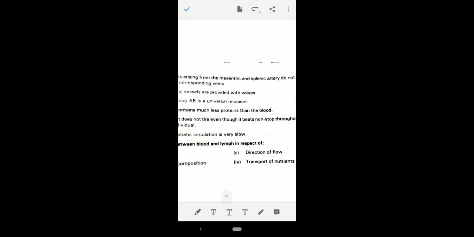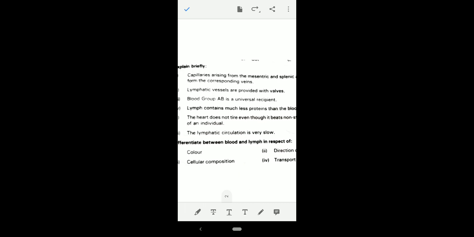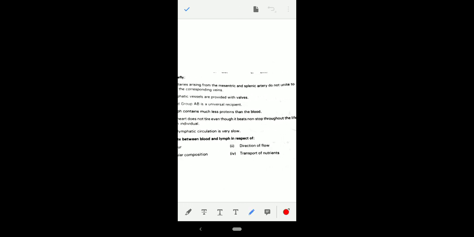Our next question is, capillaries arising from the mesenteric and splenic artery do not unite to form the corresponding veins. Yes, mesenteric arteries are the arteries which arise from the intestine, and splenic artery arises from the spleen.